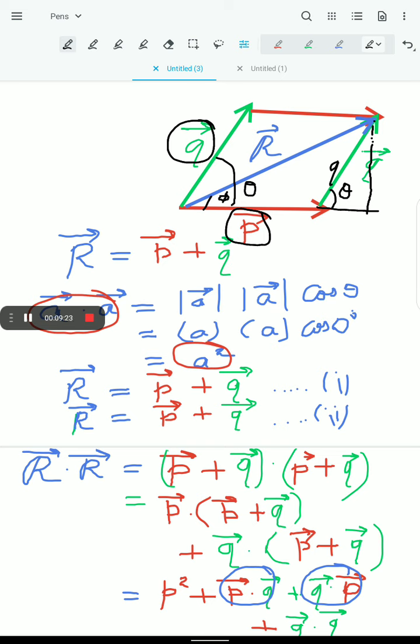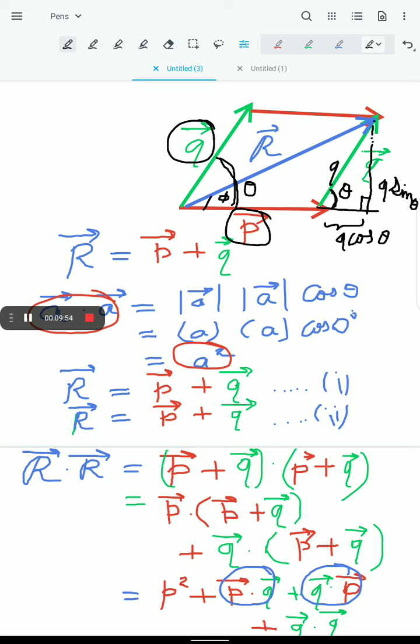If this angle is theta, then this also has to be theta. Then this perpendicular that we have drawn must be Q sine theta. And what about the base? This base must be equal to Q cos theta.